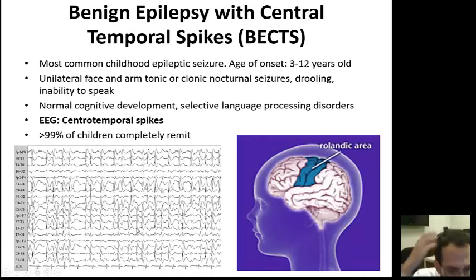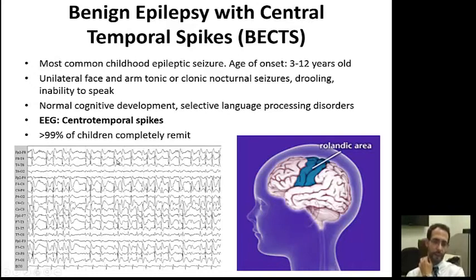Also toward the lateral aspect, the parietal can be affected as well, and a little more of the central, and part of the frontal region can capture those seizures. So it's on the side, top part, middle, and side of the head. You can definitely find those central temporal spikes.